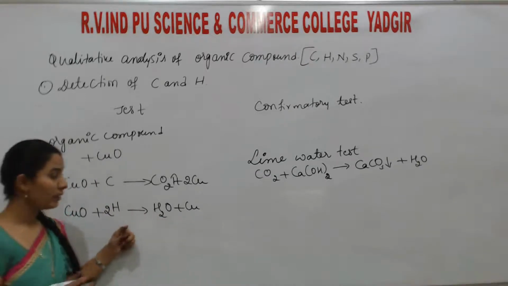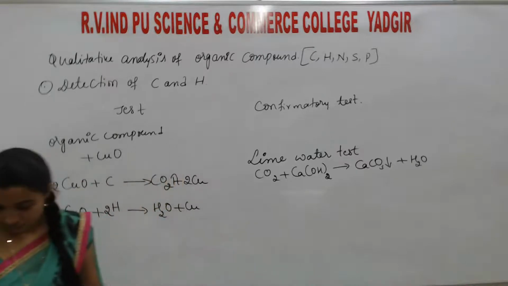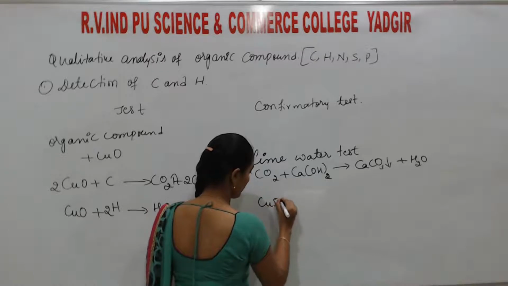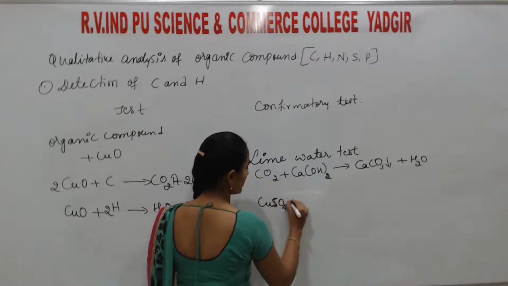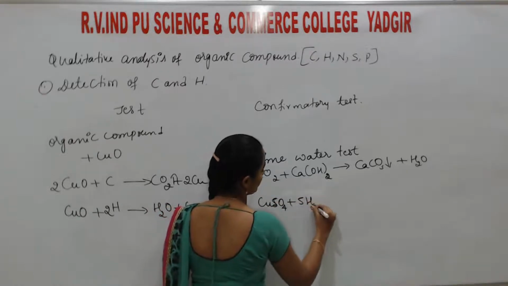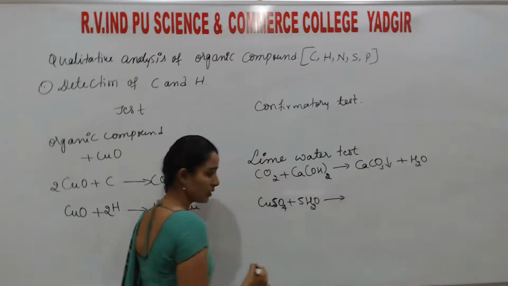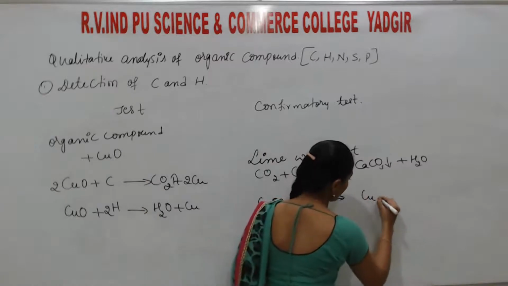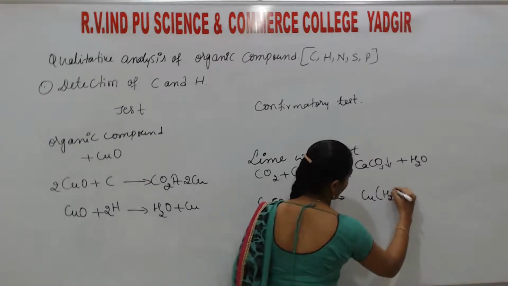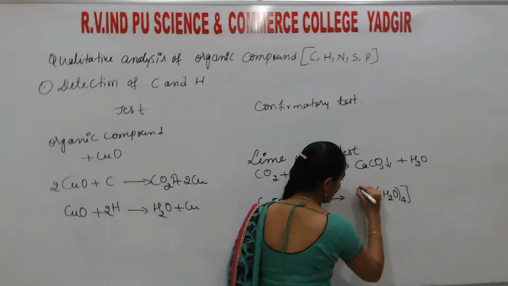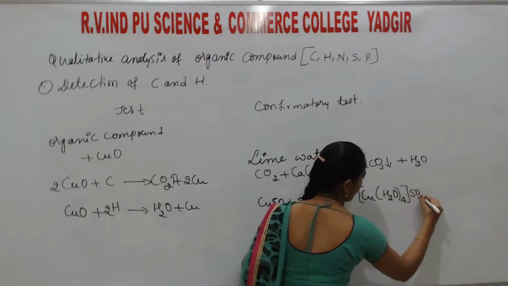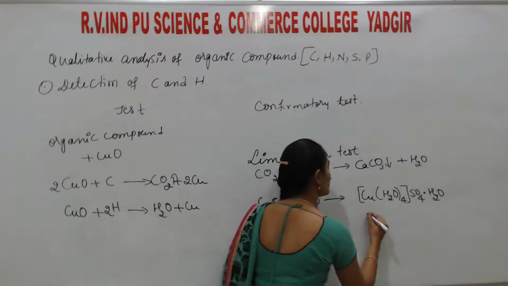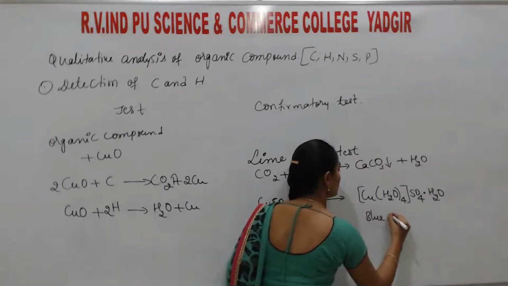So we are going to add copper sulfate here, copper sulfate to H2O. I will take 5 moles of H2O. Why? Because this will form a complex. So it forms [Cu(H2O)4]SO4·H2O, which is blue in color.